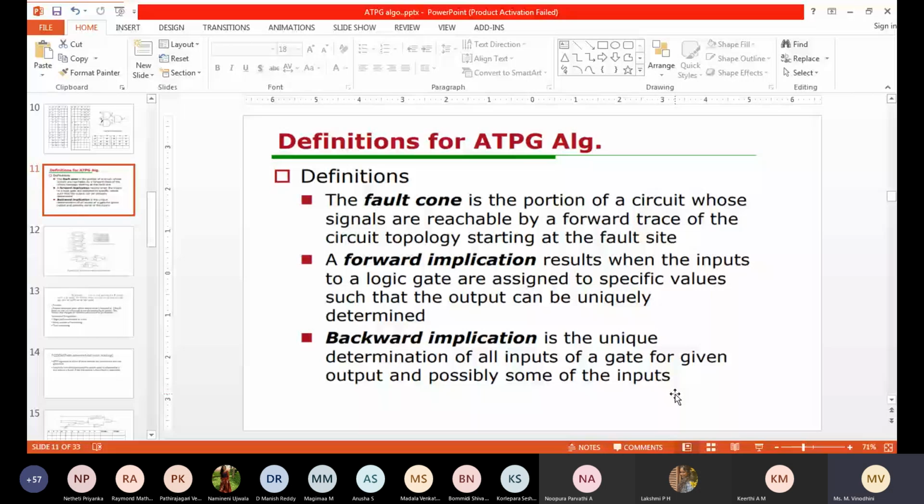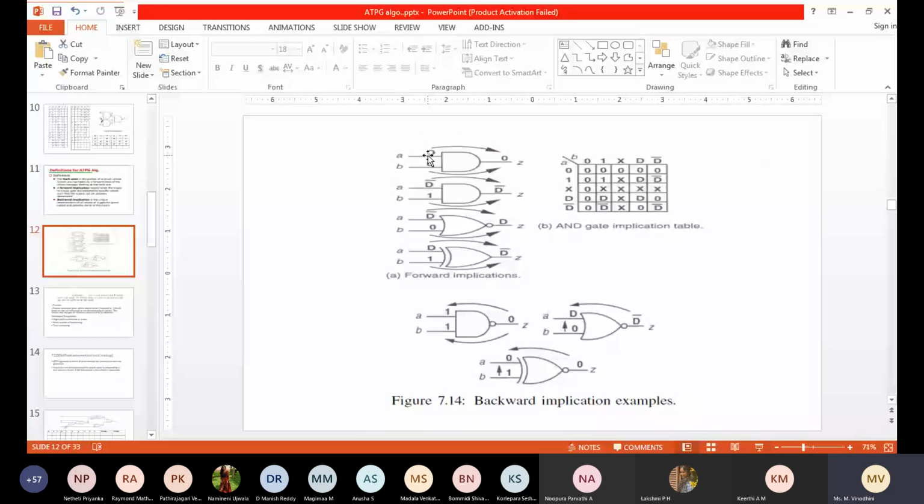Forward implication means you know the input, but you need to identify the output. Input and output of a logic gate. Now look at this circuit. First the AND gate: if 0 and D are known to you as the inputs, you know the output is 0.